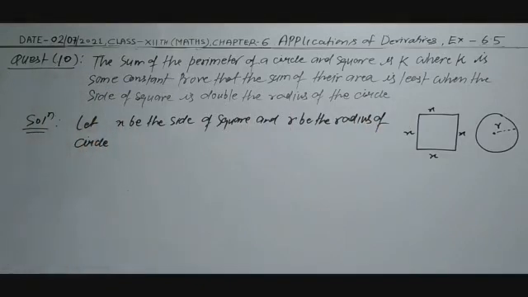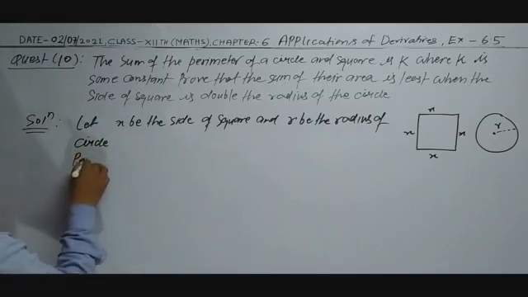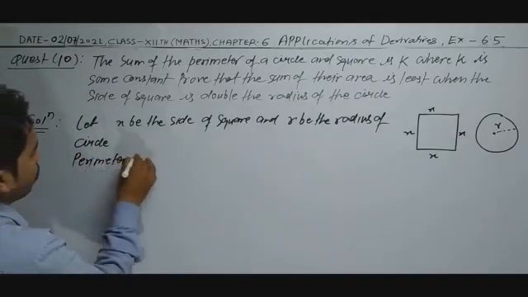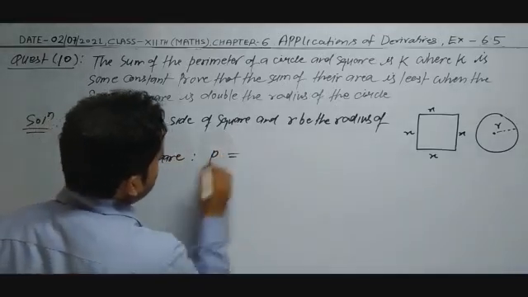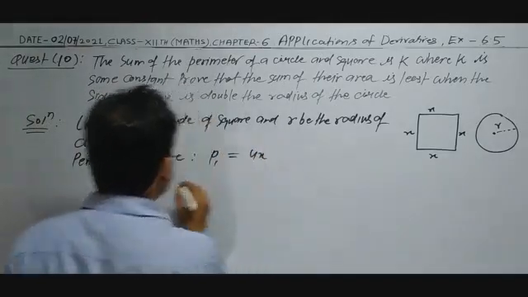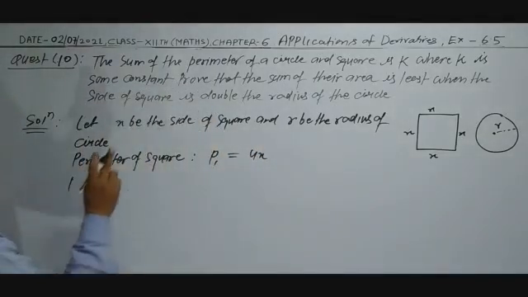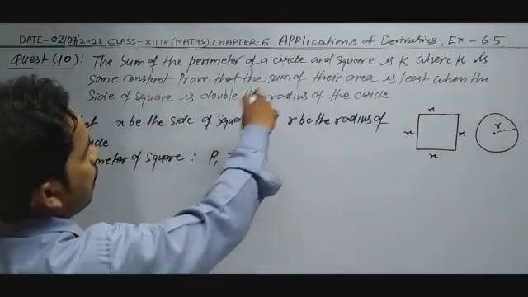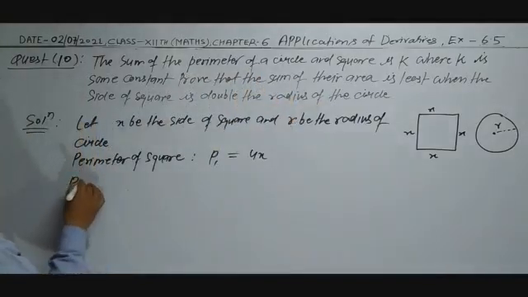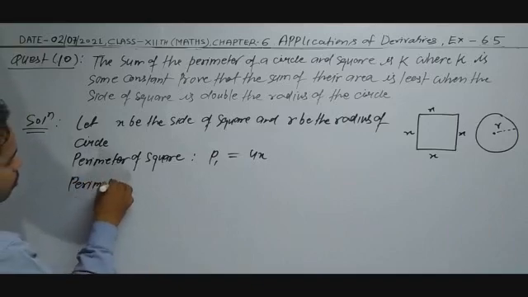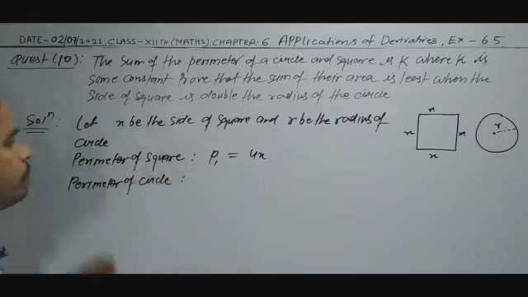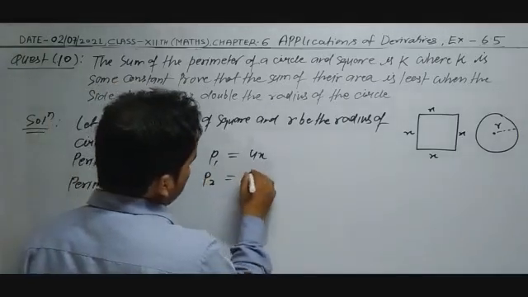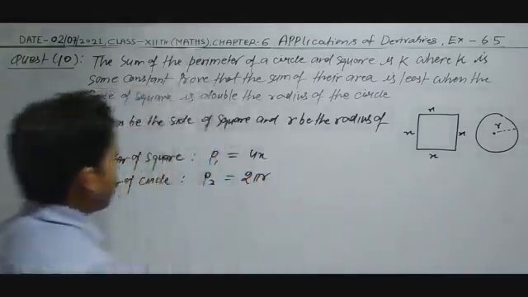So from the figure, the perimeter of the square, suppose p1, is equal to 4x, and the perimeter of the circle is equal to the circumference of the circle, that is 2 pi r.